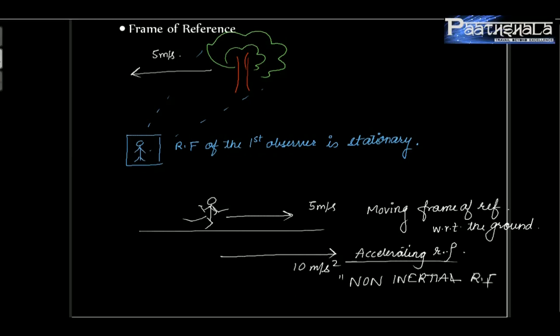In a non-inertial reference frame, as we'll later see in Newton's laws of motion, the second law particularly is not valid. The difference between inertial and non-inertial is that inertial is going with a constant velocity, and that velocity might be in any direction, whereas non-inertial is accelerating. Non-inertial reference frames are essentially accelerating reference frames.